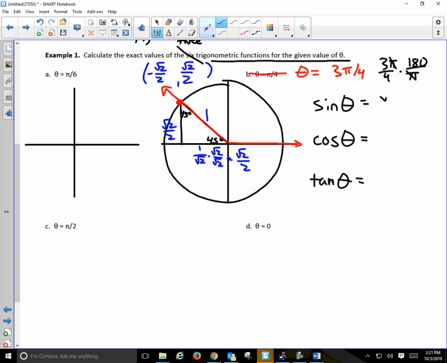So it's the square root of 2 over 2. What about cosine? So negative root of 2 over 2. And tangent, I have to take y and divide it by x. Instead of dividing, I multiply by the reciprocal. What happens? 2's cancel. Root of 2's cancel. What are you left with? Negative 1.